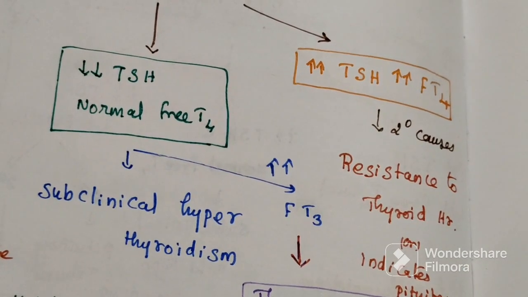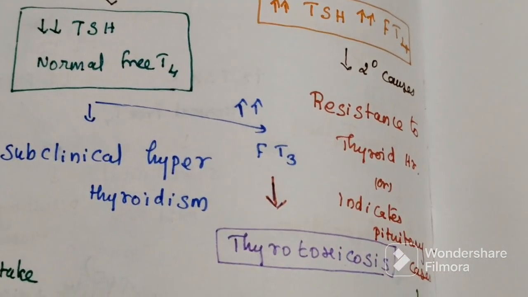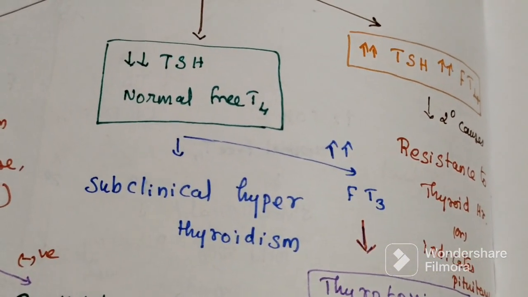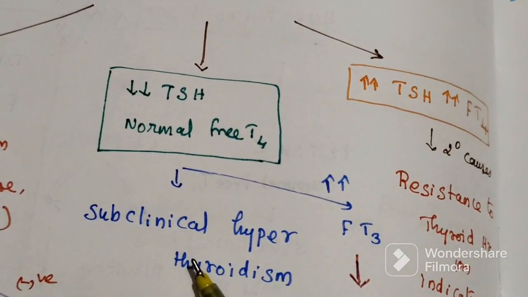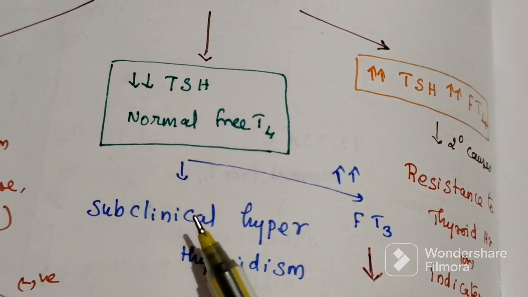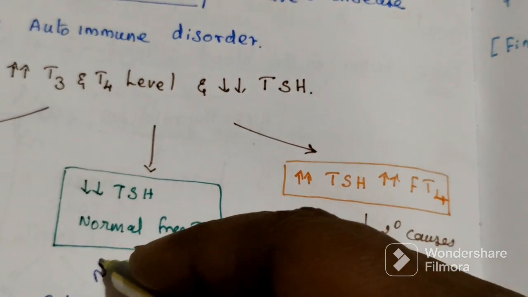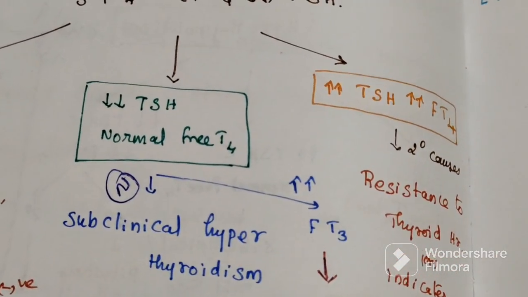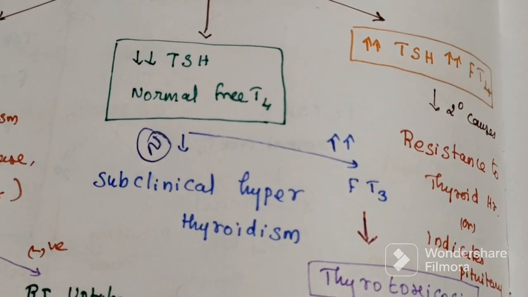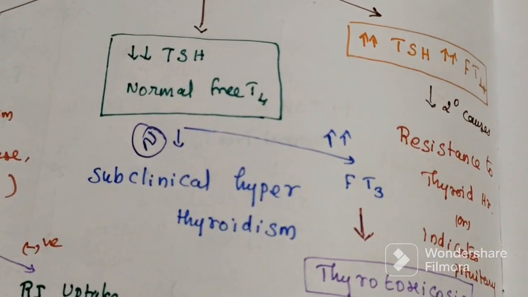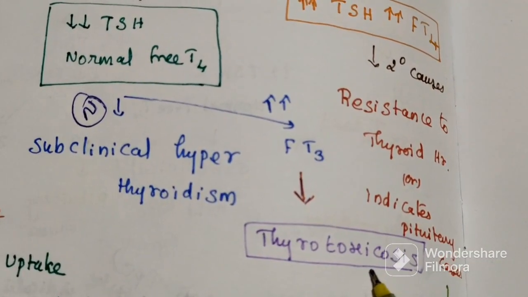If there is an increase in free T3 level, it is thyrotoxicosis.